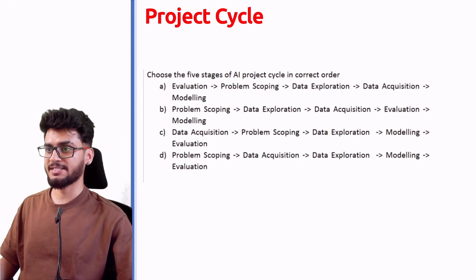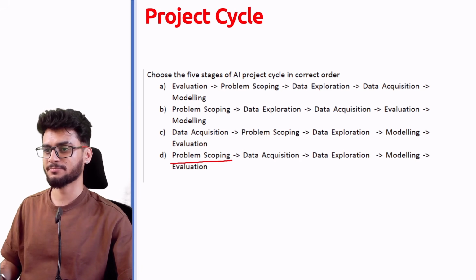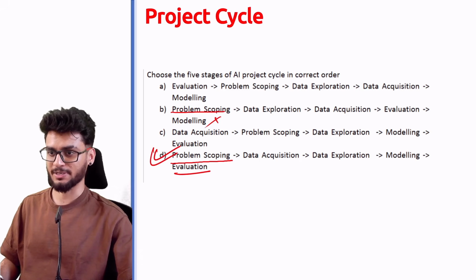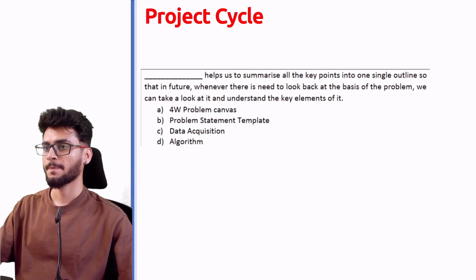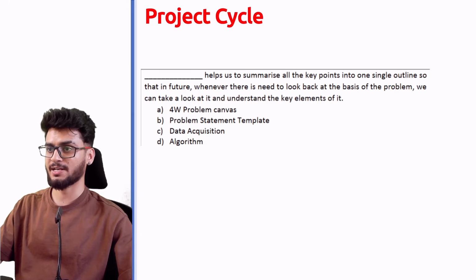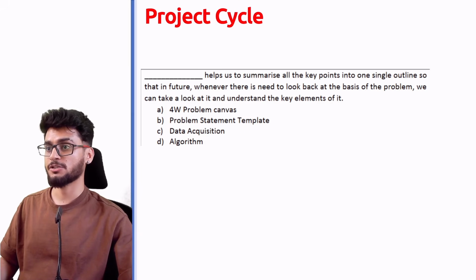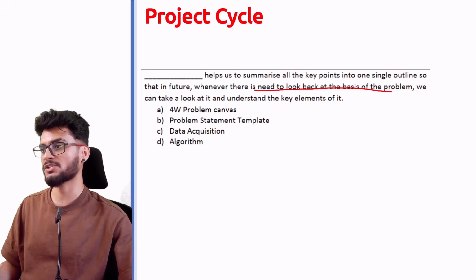Choose the 5 stages of AI project cycle in correct order. All right, so you know the first one should be problem scoping. So these two can be right. And the last one should be evaluation. So this is wrong and this is right. So it is the correct answer. Dash helps us to summarize all the key points into one single outline, so that in the future, there is no need to look back at the basis of a problem.